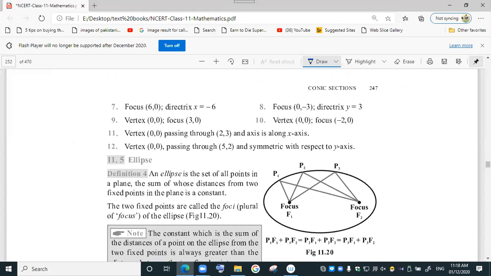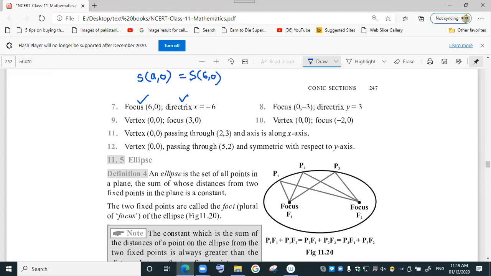Focus and directrix. Now this shows that the focus is on the right side and the directrix is on the left side. The focus is 6, 0. That means its focus is a, 0, because it is on the x-axis, and the directrix is on the left side because x is equal to minus 6. So a is equal to 6.